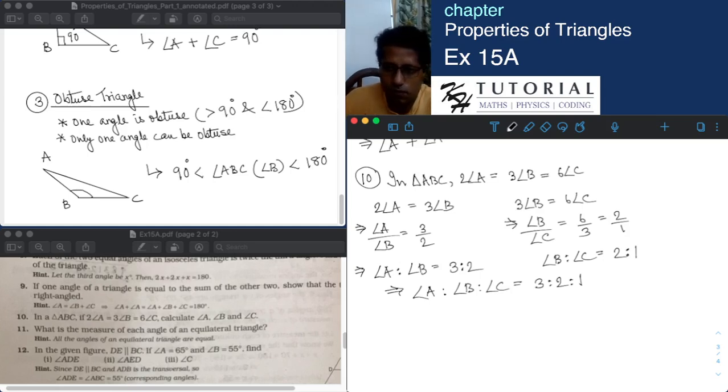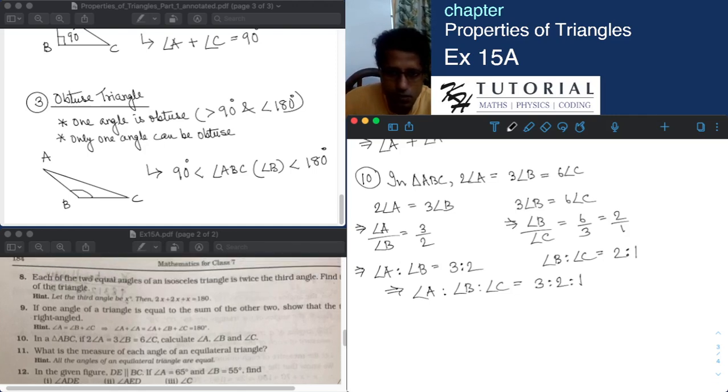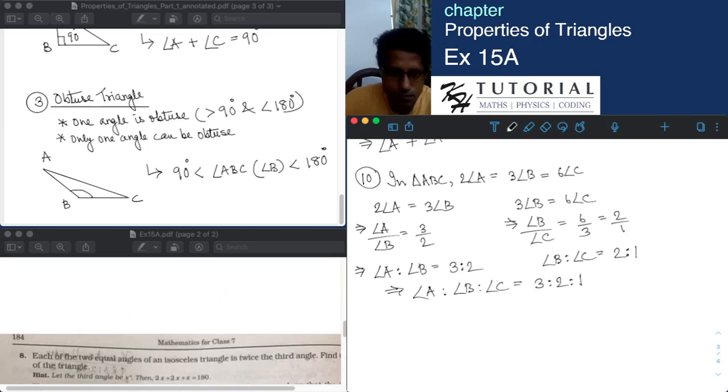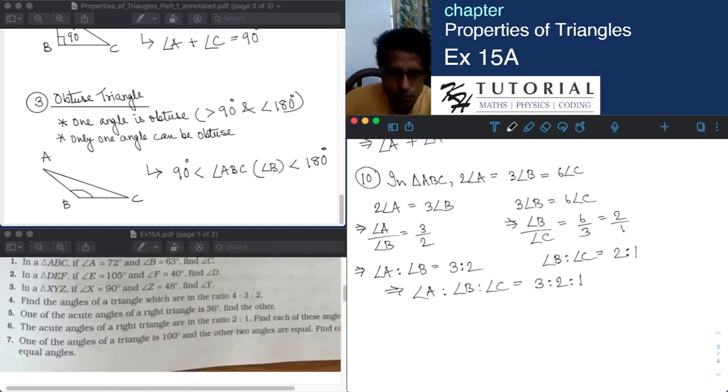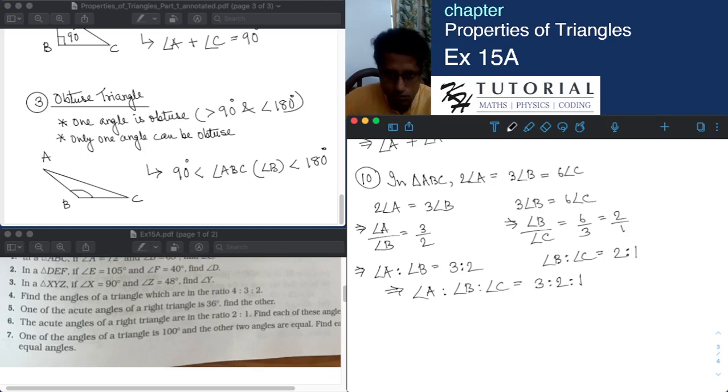Now that we know the ratio of the three angles, we can easily find the individual angles. It is similar to problem 4, where it was given to find the angles of a triangle which are in the ratio 4:3:2.